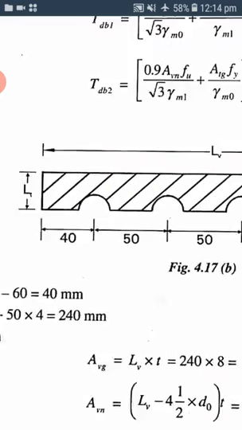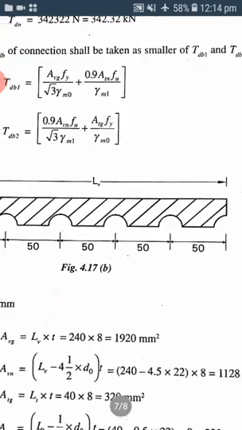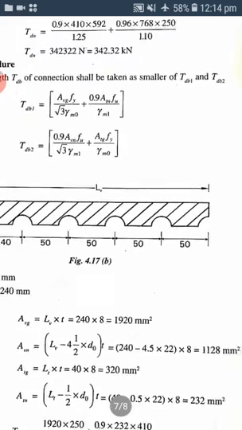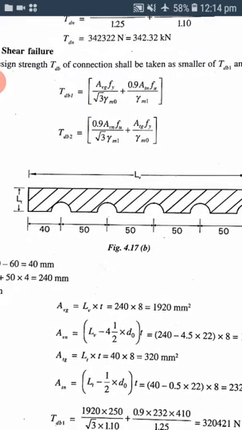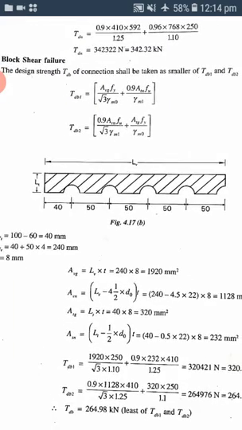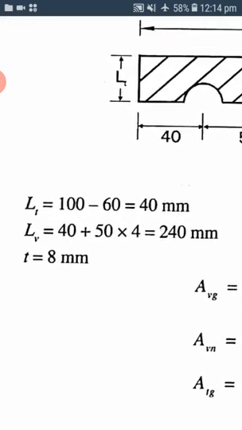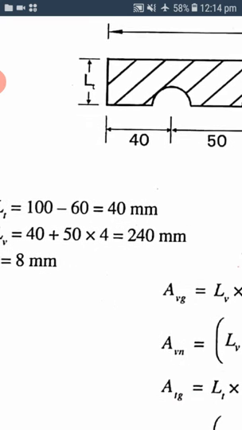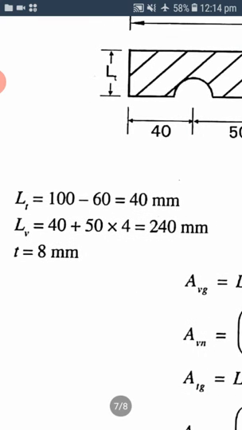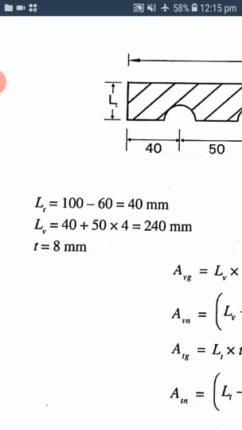Next, LV is again from the edge, from here till the last bolt hole, that is LV. Here LT is written as 100 minus 60, that is 40, and LV will be 40 plus 50 into 4, that is 240, and thickness is 8 mm.